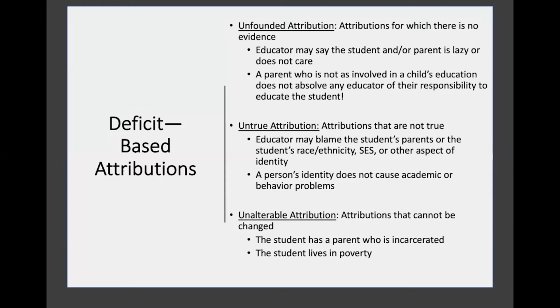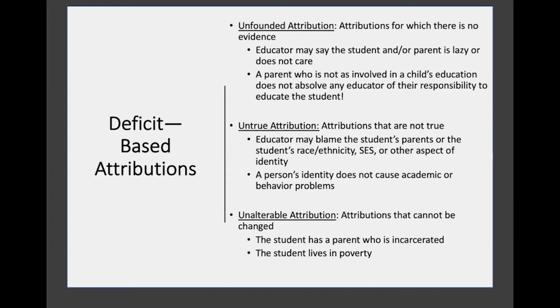Now, a follow-up question that I sometimes get to this is, well, what about when you have disproportionate discipline, right? A lot of the Black students are being expelled, or a lot of the Black students are failing reading. Doesn't that mean there's something going on with the Black students? No. What that means is there's something going on with how the Black students are being treated.